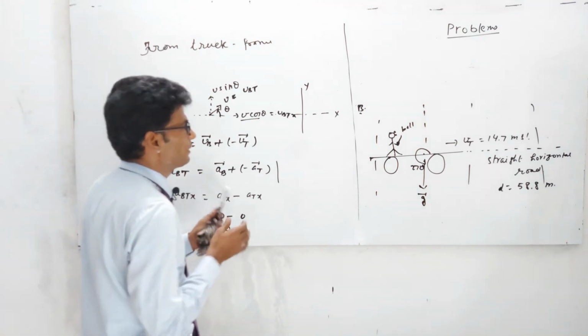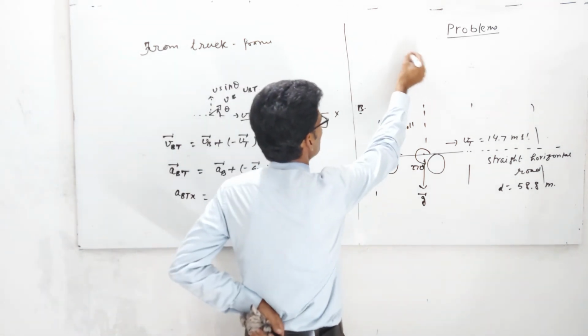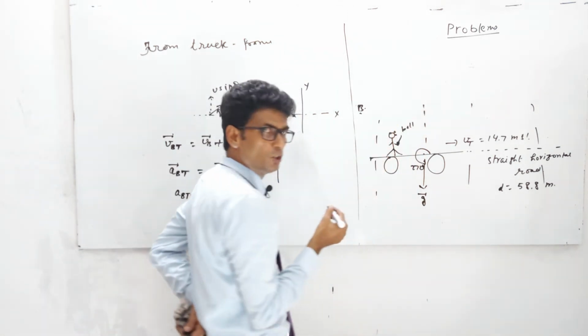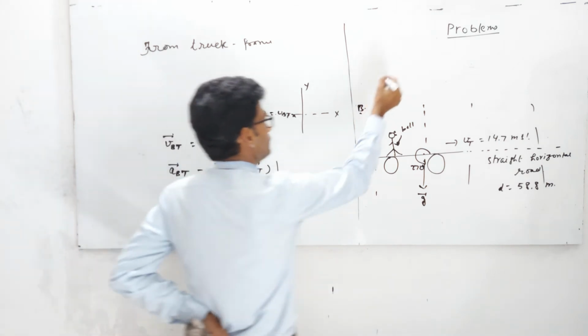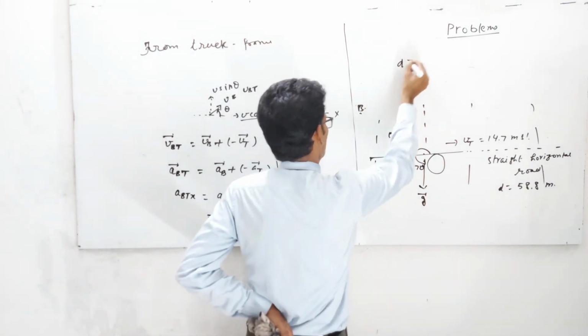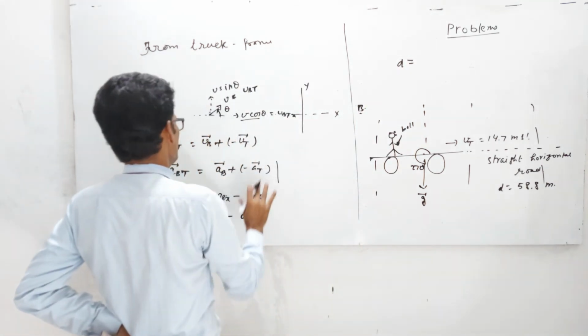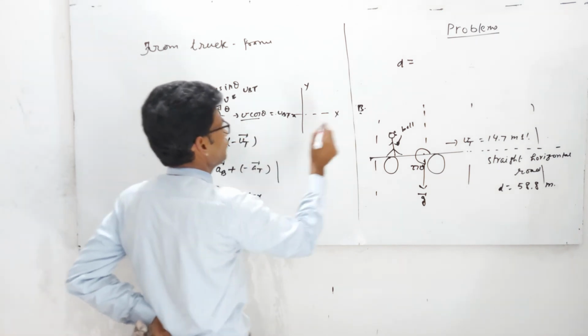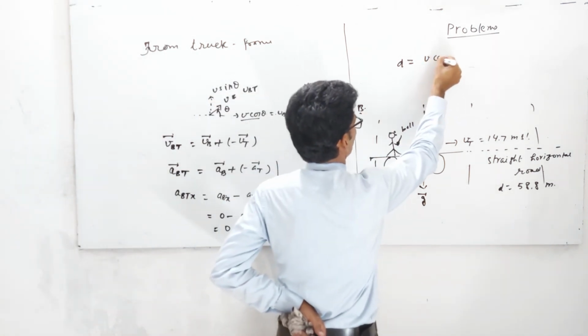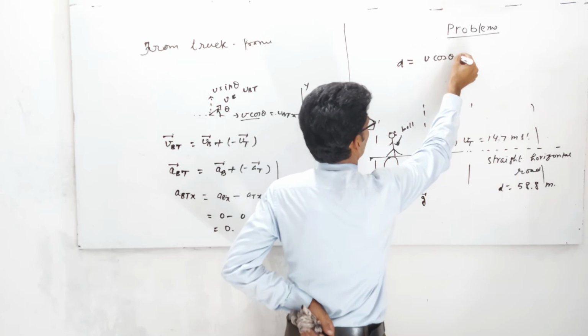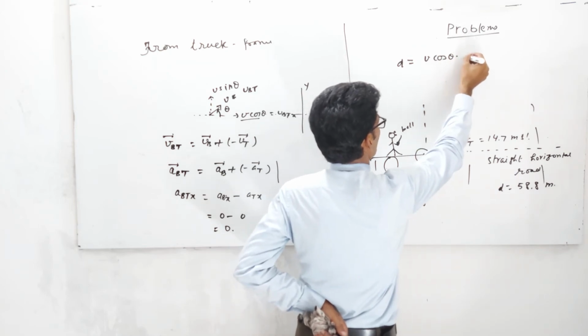Now we have to apply d v t here. Distance is equal to speed into time. What is the speed here? Look at v cos theta, and time is say t.